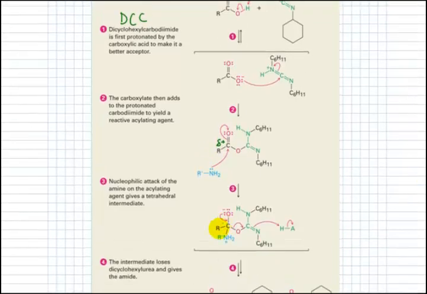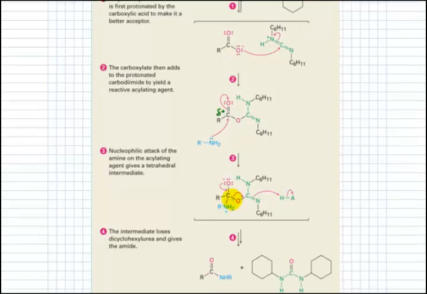Okay, here's our tetrahedral intermediate, which then collapses. The O- comes down, kicks out what now is an excellent leaving group. So the carbodiimide is just a way of directly adding to the carboxylate an excellent leaving group under neutral conditions, pretty much. It's kind of interesting what happens here.